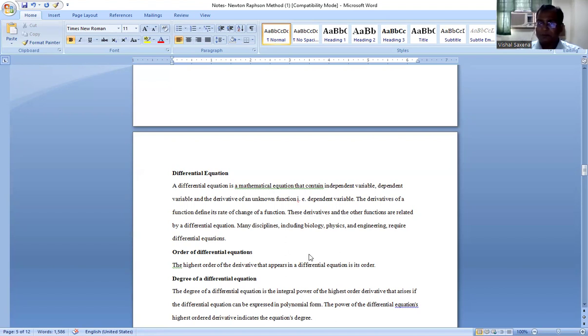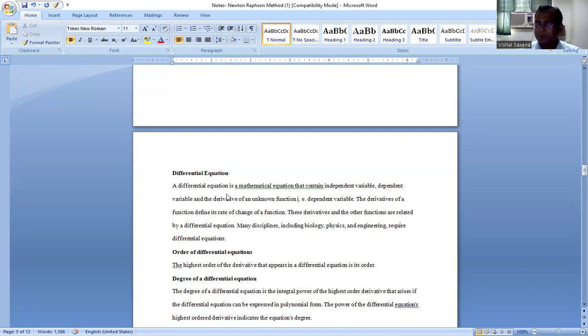Similar to other equations like algebraic equations or transcendental equations, a differential equation consists of various terms, but it also consists of a derivative term, and that's why it is called a differential equation. This differential equation can be solved by various methods. So first we see what a differential equation is.